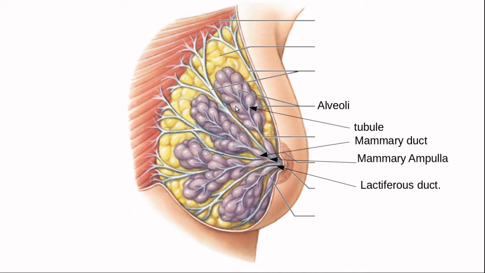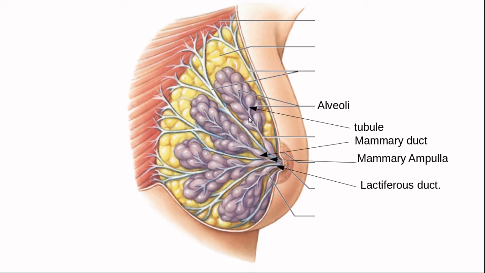So this is an alveolus, this is another alveolus. So many alveoli form a mammary lobe, and these alveoli secrete the milk and it is stored in the cavity of the alveoli. These alveoli have a lumen or cavity inside and the milk is stored there.